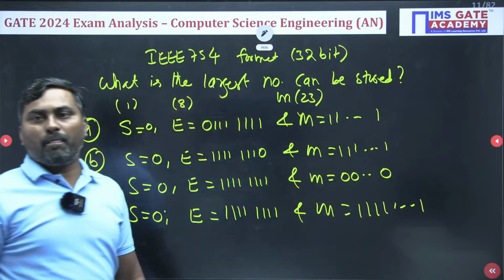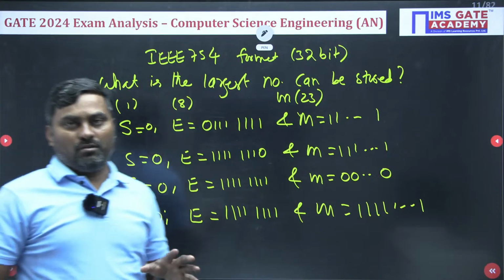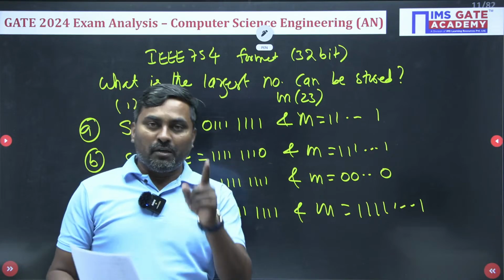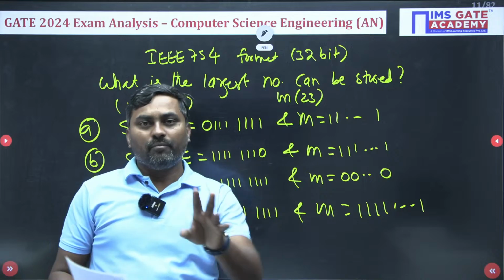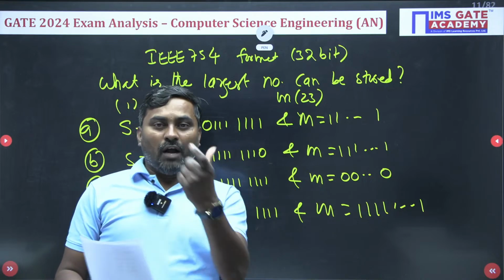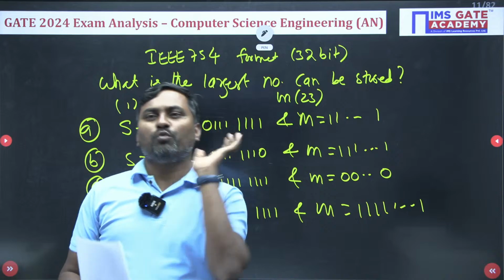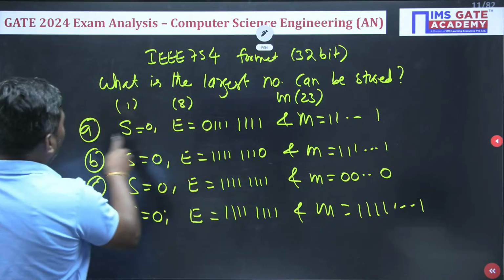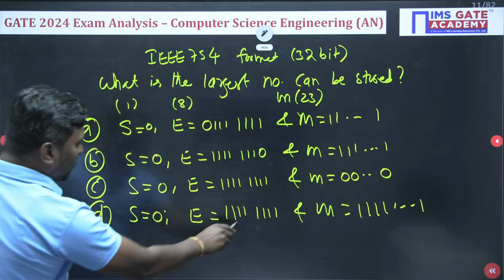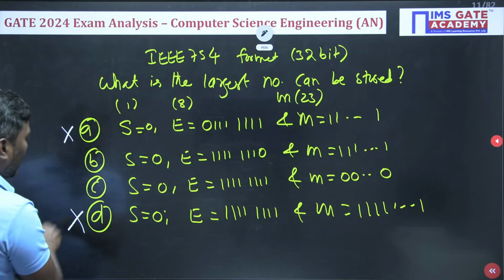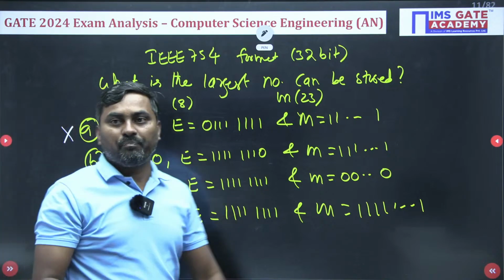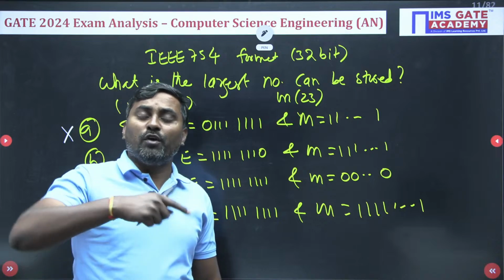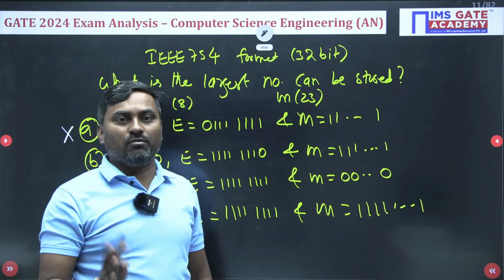With 8 bits, 2 power 8 is 256, so it can have 0 to 255, but 0 and 255 are both reserved, so we cannot use them for normal numbers. The maximum available is 254. So some options you can eliminate. Those with 255 you can eliminate. Why? For 255 we do not have a normal number to represent, because 255 is reserved for special values.